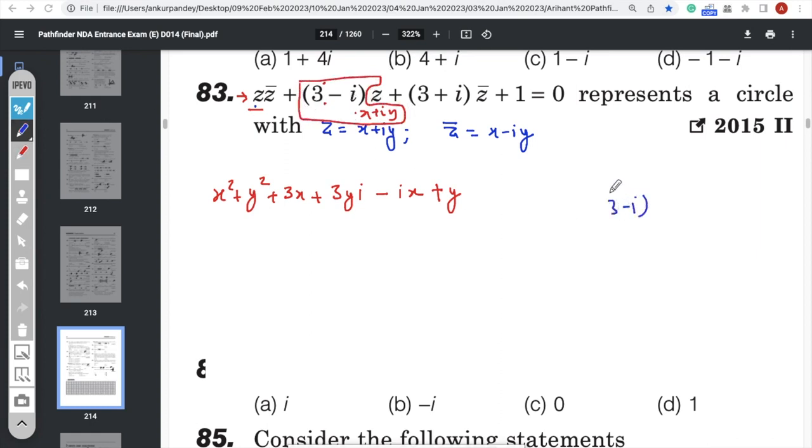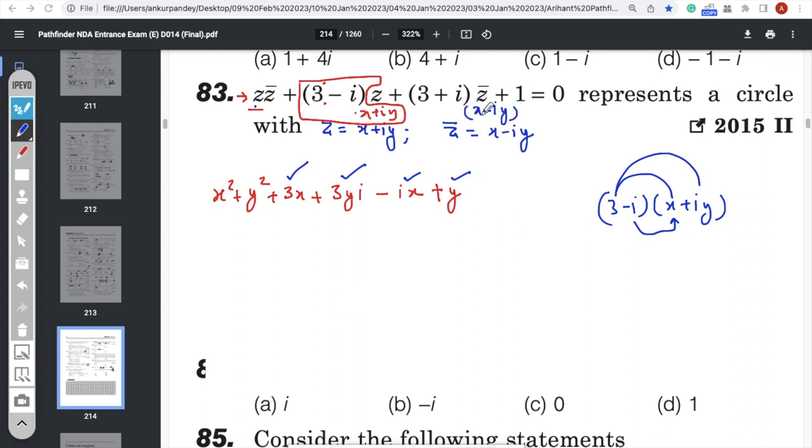3 minus i into x plus iy. 3 into x, 3 into iy. Okay. Minus i into x. In the same way, this will be into x minus iy.